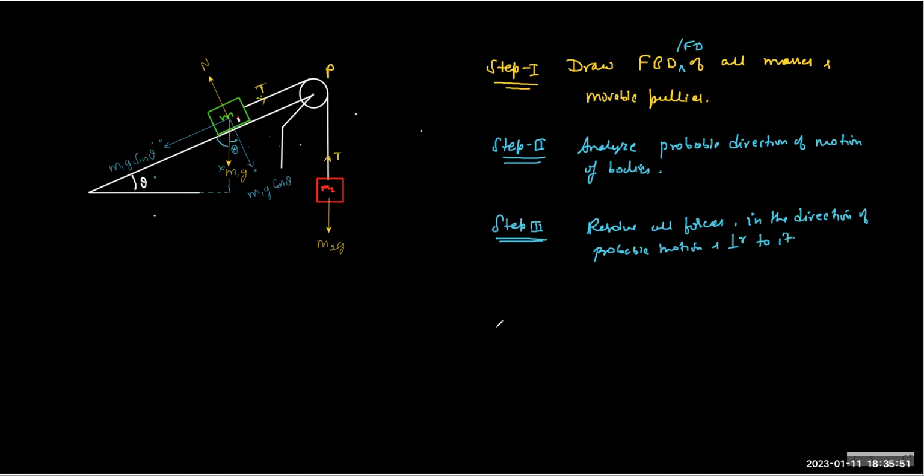Now, sir, do we know which one will go up, which one will go down? Do we exactly know that M2 will go up or M2 will go down? Yes or no? No, sir. So when you do not know the exact direction of motion, you know that it will go either up or down, but you don't know which of the two. So whenever you do not know the answer, the thumb rule is, choose whatever you want.